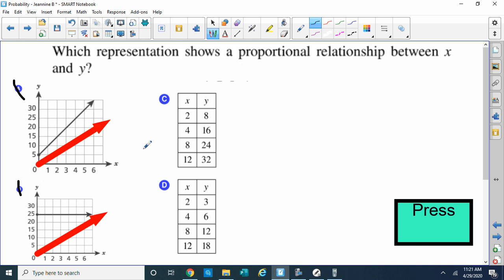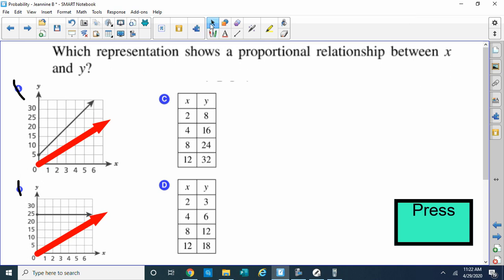So now our choices are narrowed down to C and D. So C or D. So we can look at a table and we got all these numbers. So how do we figure out? Well, we know there's a third thing that proportional relationships have to have. So one, it has to be a straight line. Two, it has to go through the origin. But the third, and what I think is most important, it has to have a constant of proportionality.